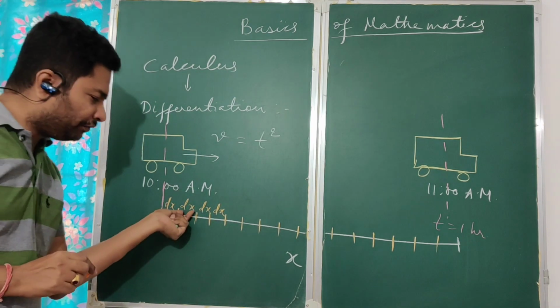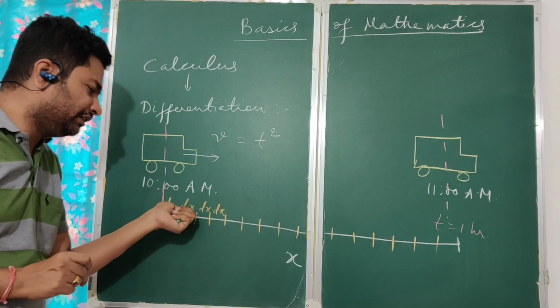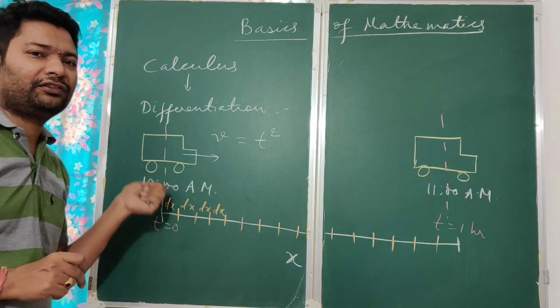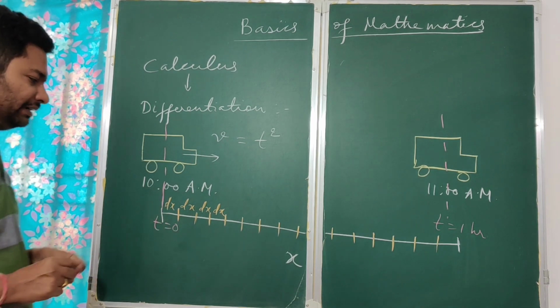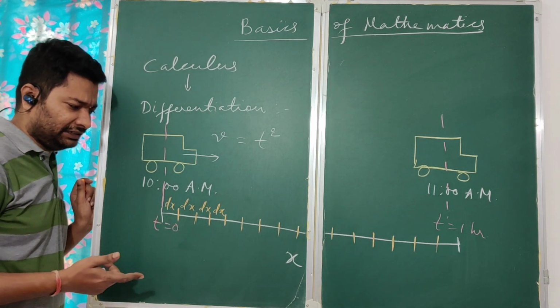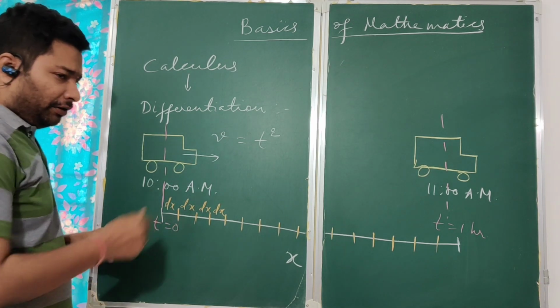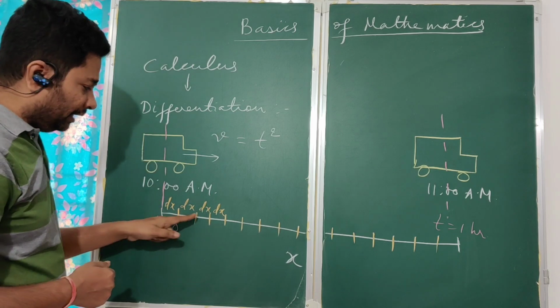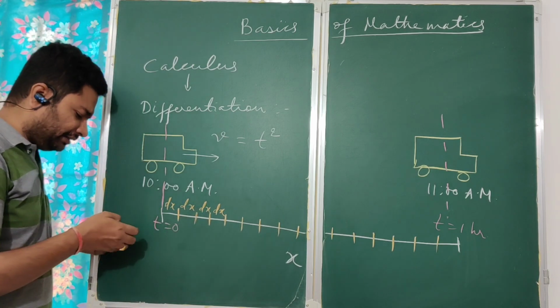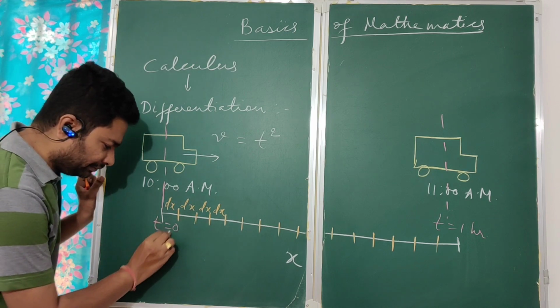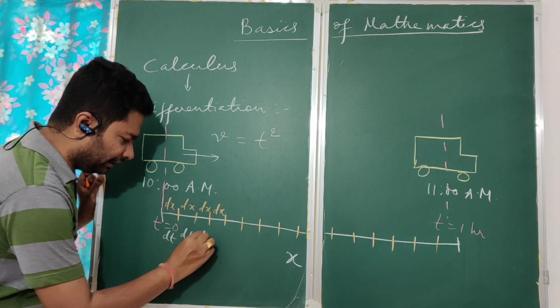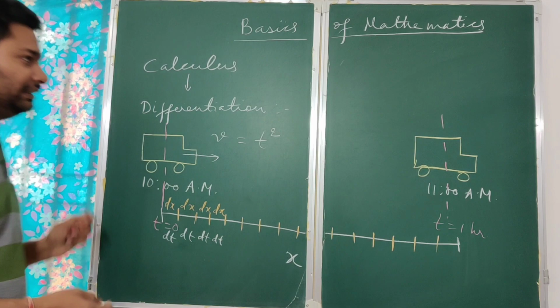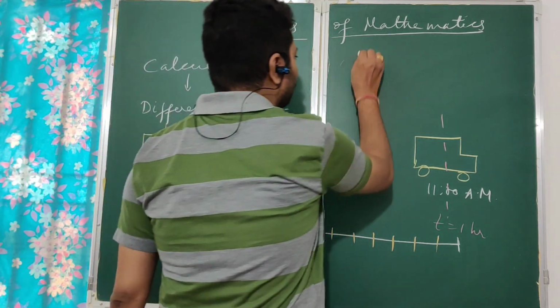And there is no specific number which can tell you how much is dx. dx is a very small change from its previous quantity. So now, let us say this distance is being travelled in some time dt. All these time intervals are dt. So dx and dt. Now I will talk about the notation.